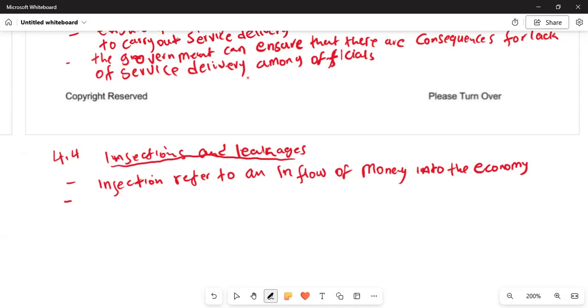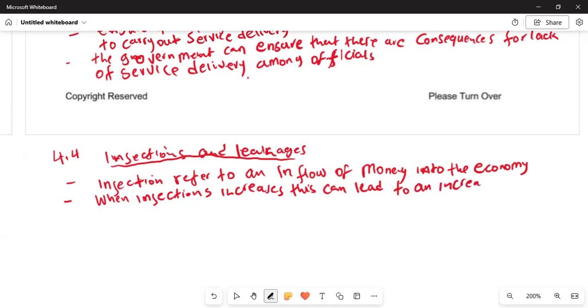When injections increase, this can lead to an increase in employment opportunities.